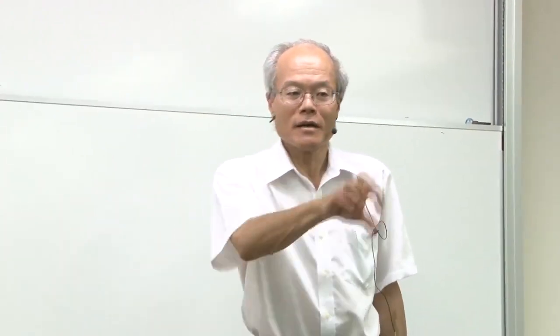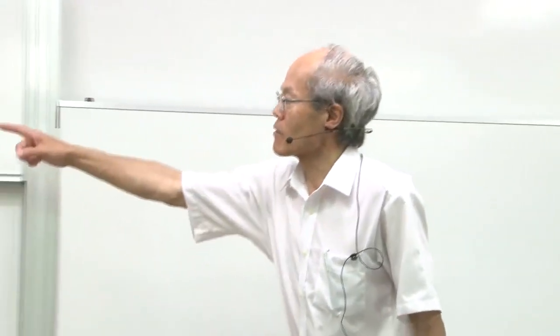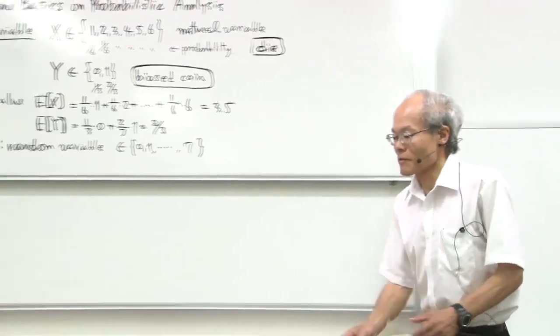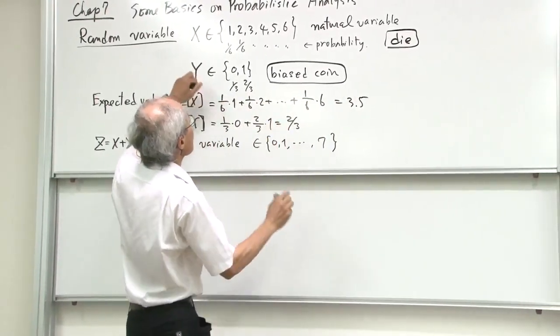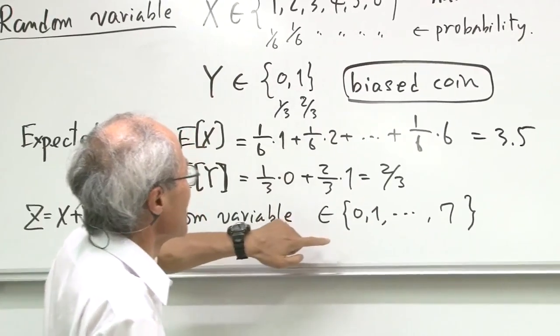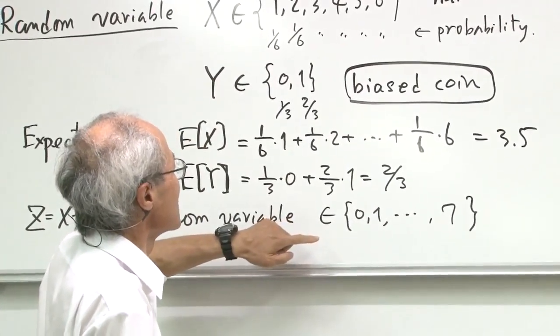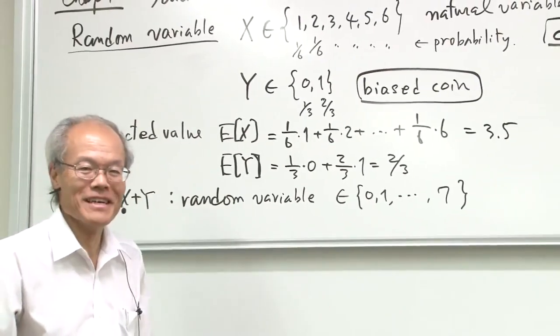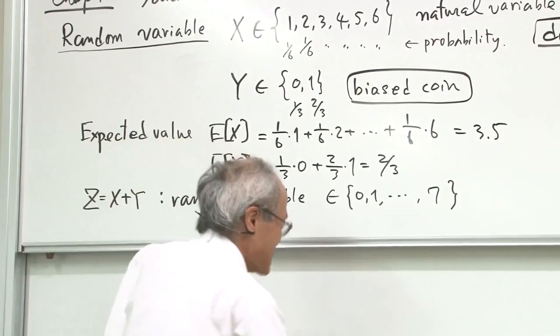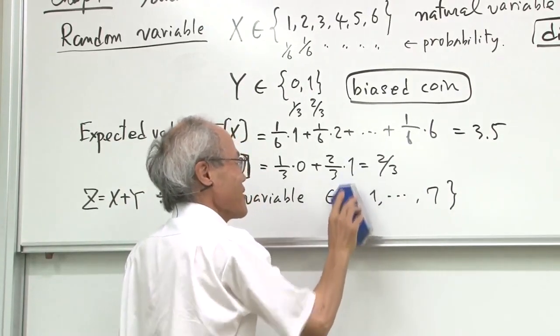This is just like you have a coin and a die. You throw the die and the coin, and the variable z is the sum of two values. That's why it takes values through 7. What is the probability of 0? Oops. No 0. I'm sorry. No 0. Sorry.